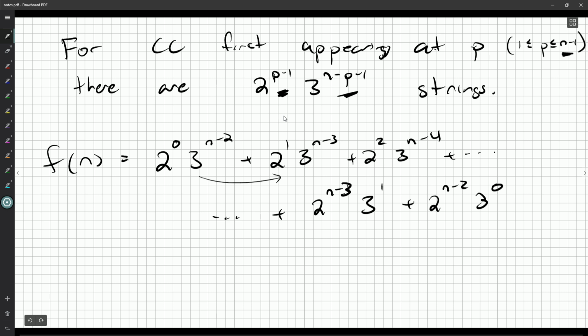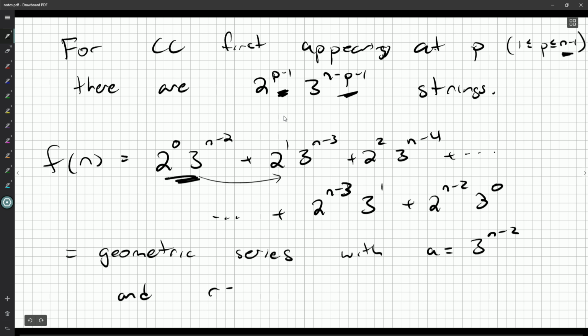Oh, this is a geometric sequence, or a geometric series because we're adding them up. So there's a geometric series with A being 3 to the n minus 2, that first term we've got. And R, what do you multiply each term by to get the next term? You multiply by 2, divide by 3, so you multiply by 2/3.